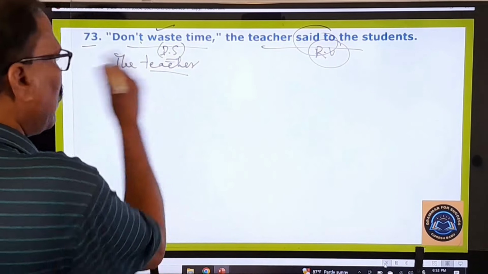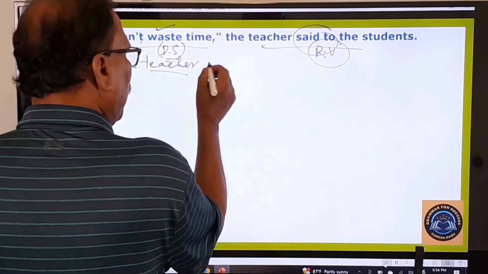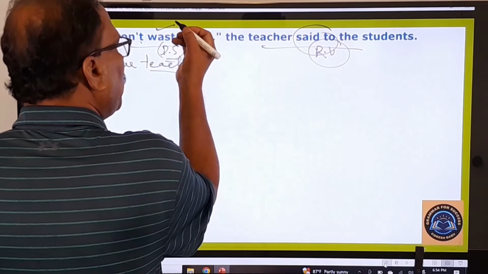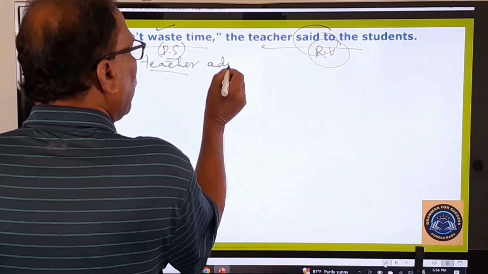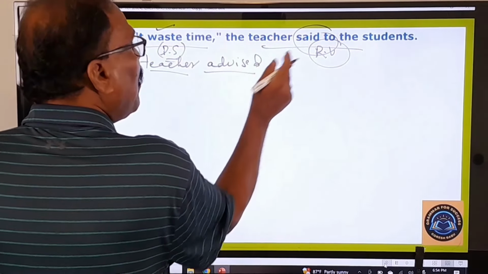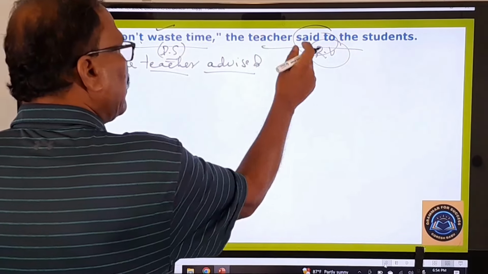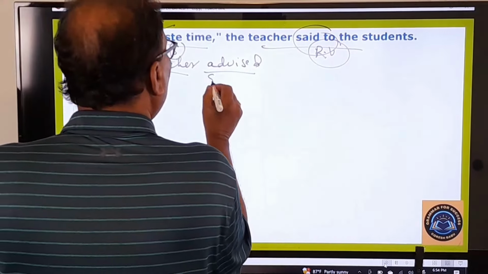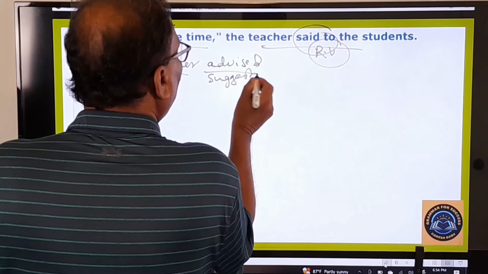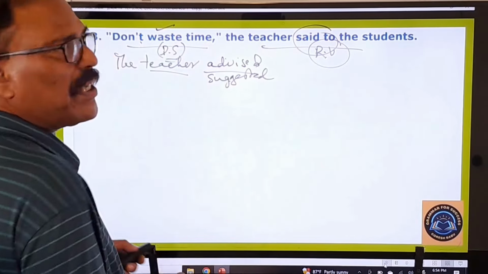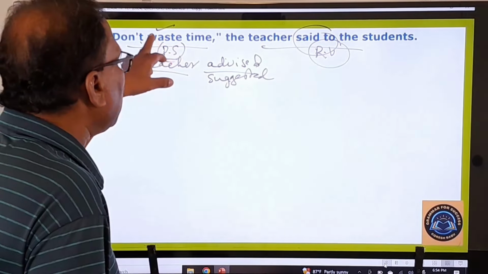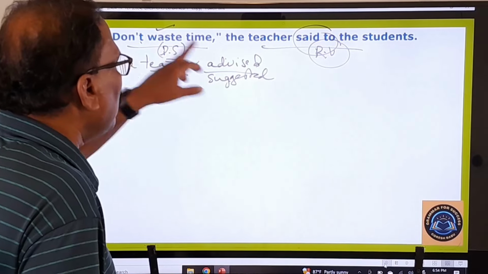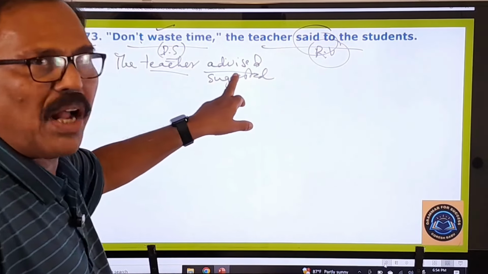So therefore, you can change this reporting verb accordingly. If you think it's a piece of advice, you have to say the teacher advised. If you think the teacher said these words to the students as a suggestion, then you can say the teacher suggested. You can put either one. If you think it's a piece of advice to the students, you change the reporting verb into advised.